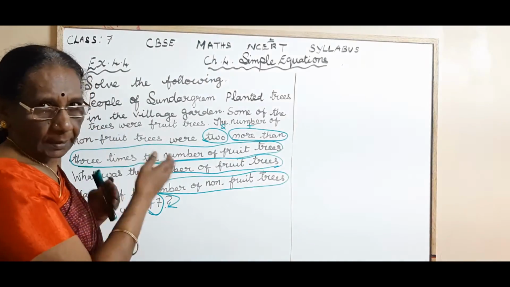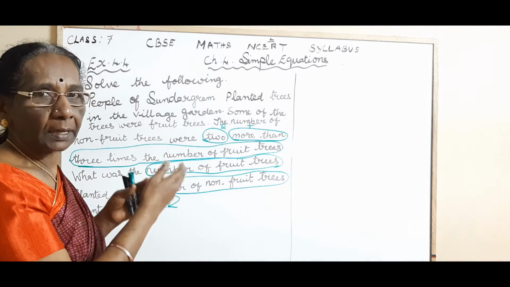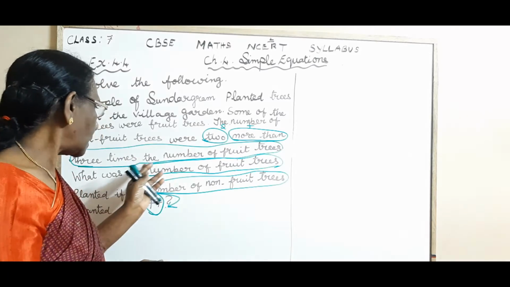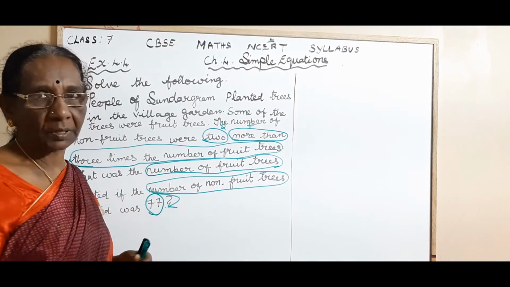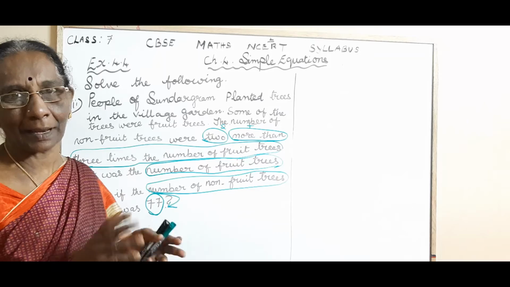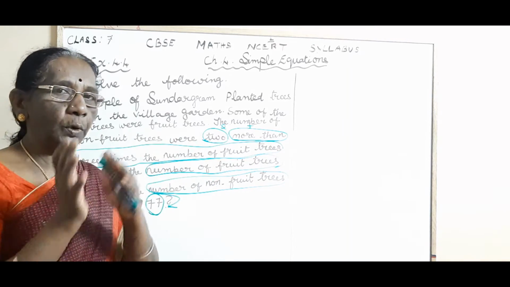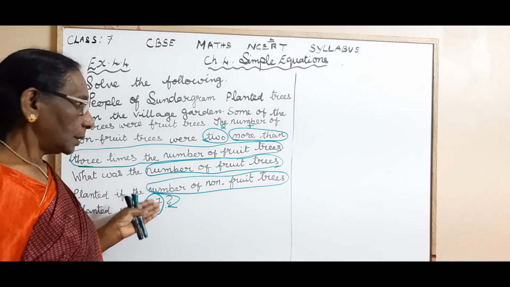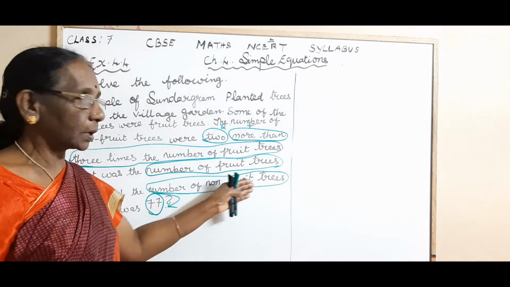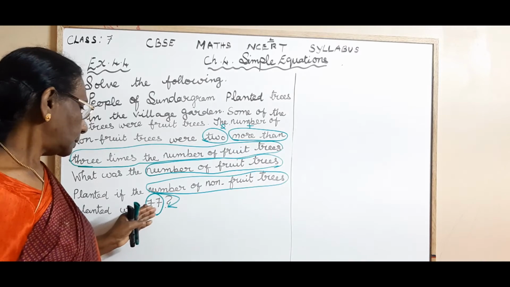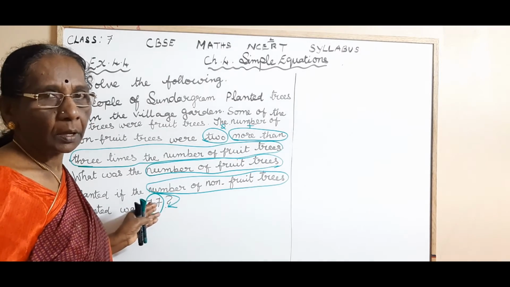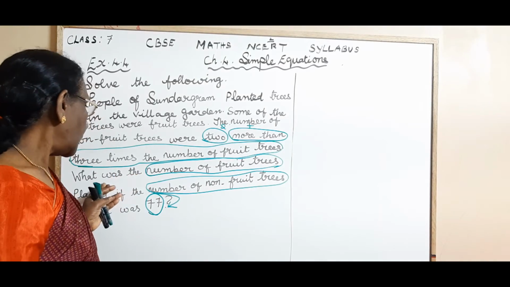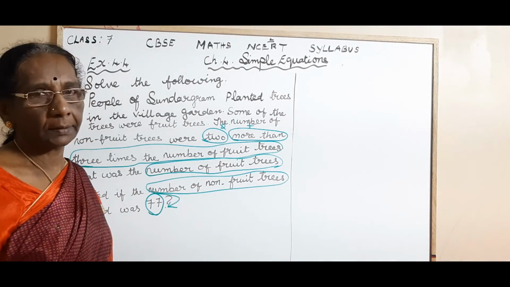The number of non-fruit trees is 2 more than 3 times the number of fruit trees. And it is given the number of non-fruit trees is 77. Using this, we have to find the number of fruit trees.